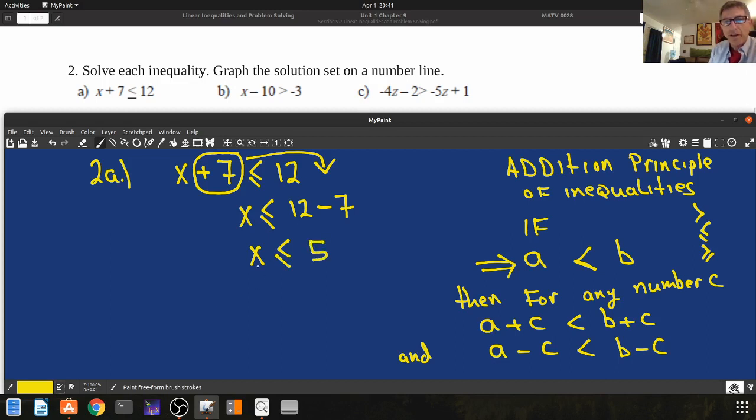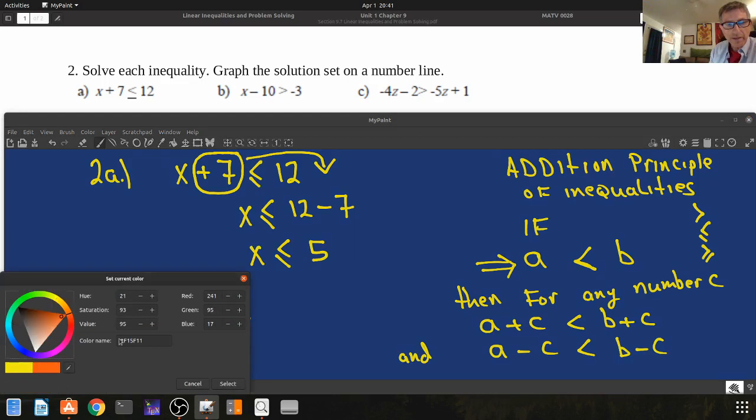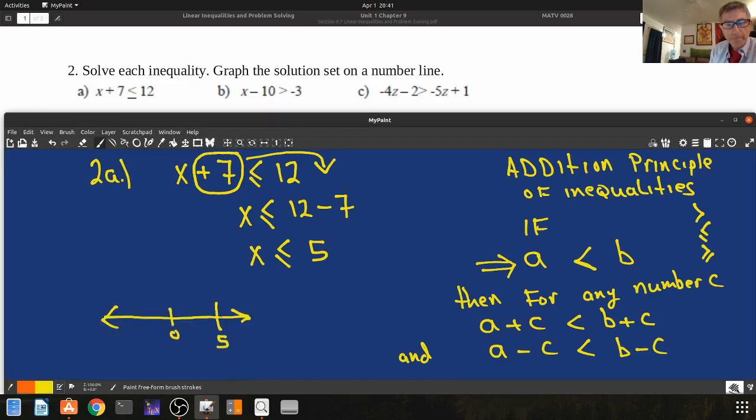And we want to graph the solution set, so I'm going to graph it right over here. I'll say 0 is right here, and 5 is right here. And x is less than or equal to 5. So I'm going to include 5 in my solution set.